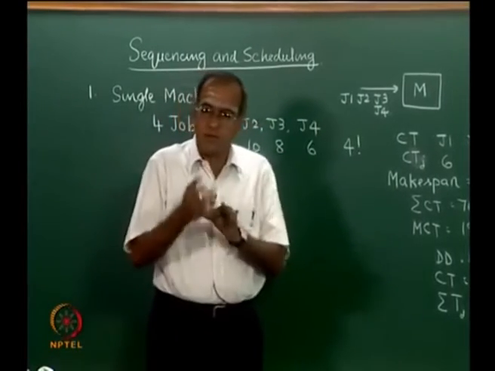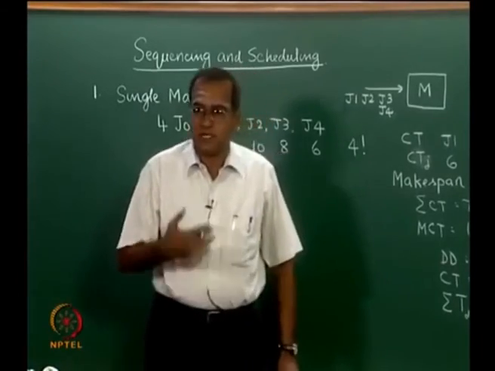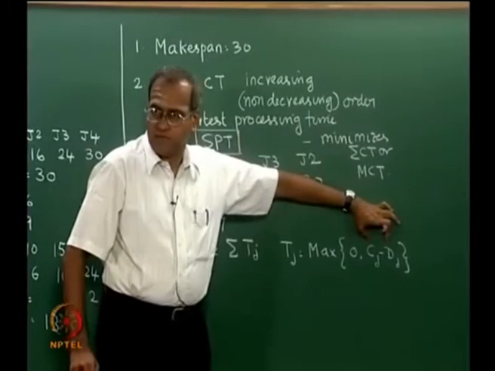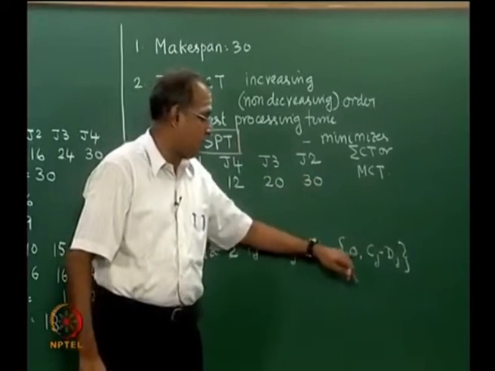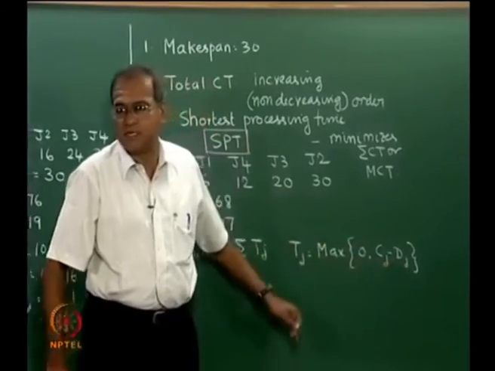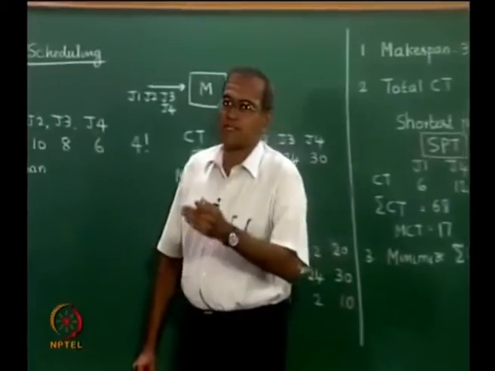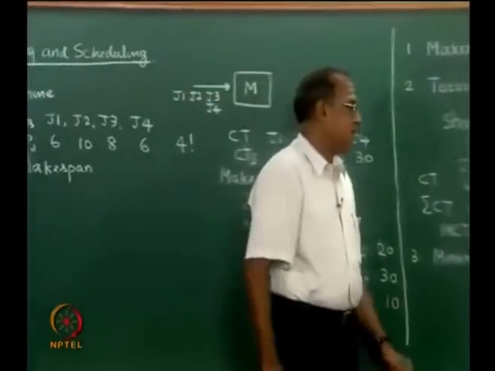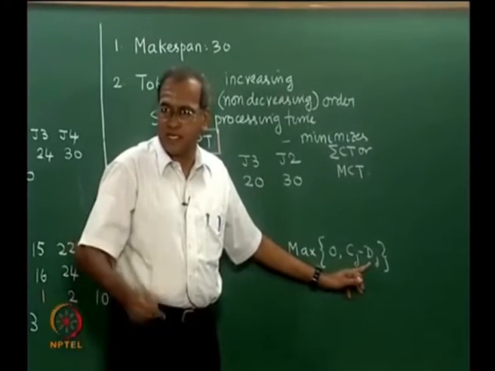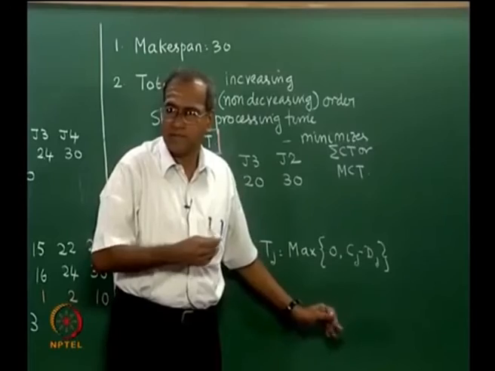Now, if the job completes later than the due date, then it is tardy. In such a case, Cj minus Dj will be positive. So the maximum of 0 and Cj minus Dj will be positive and tardiness will be positive. If on the other hand the job completes ahead of the due date, then Cj minus Dj will be negative, because Cj, the completion time, will be smaller than the due date.